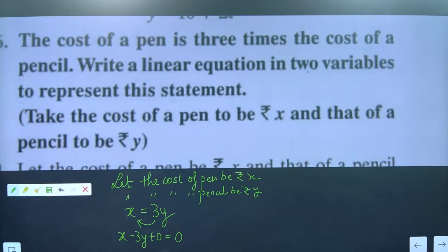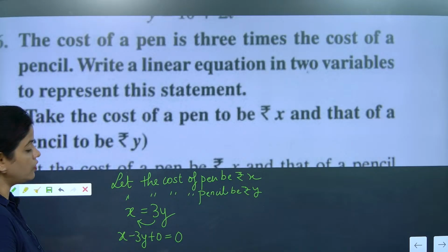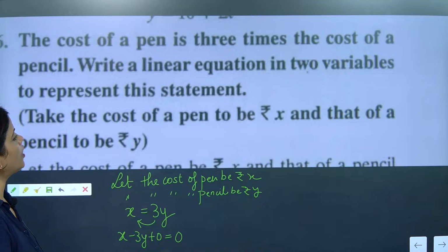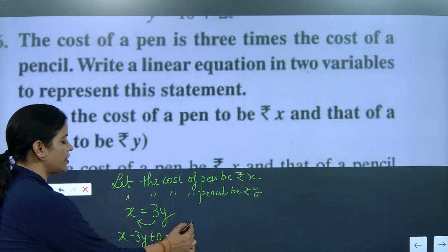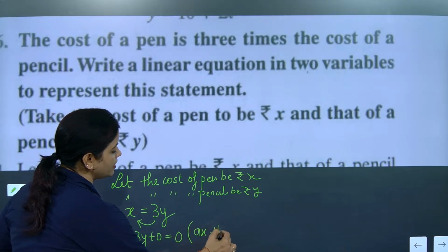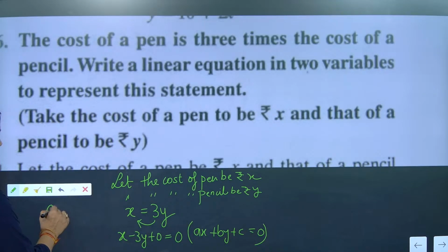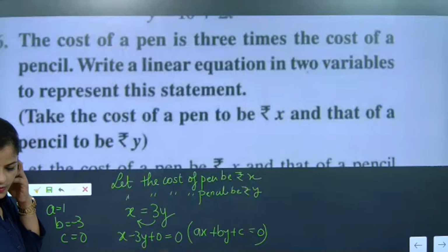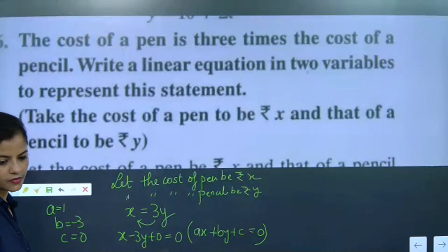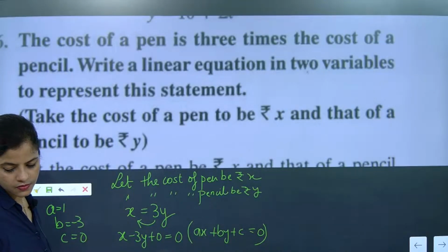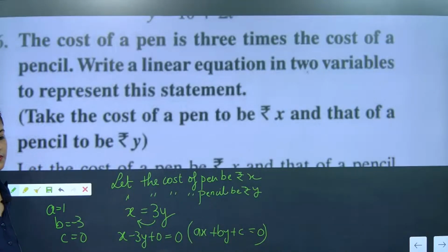So if we compare it with the general equation ax plus by plus c equal to 0, what is a? 1. What is b? Minus 3. What is c? 0. Done?